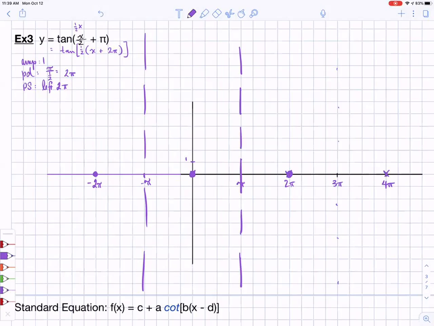All right, now, tangent graph. I got to draw my curves. Uphill or downhill? It's going uphill, okay? So remember, how many periods am I drawing? 2. That means I've got duplicates of everything I draw, okay?